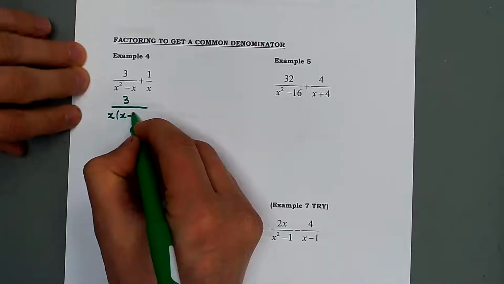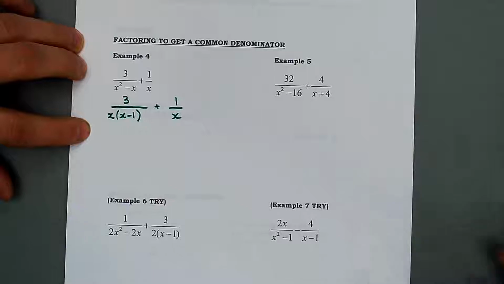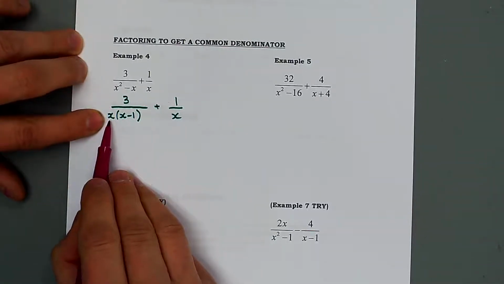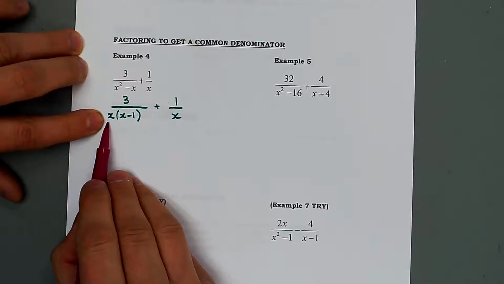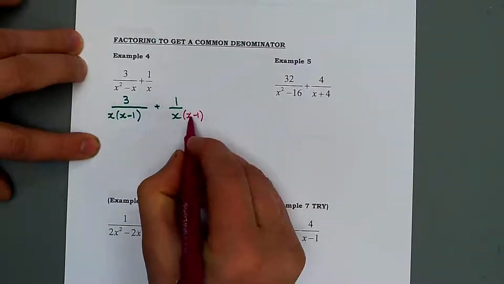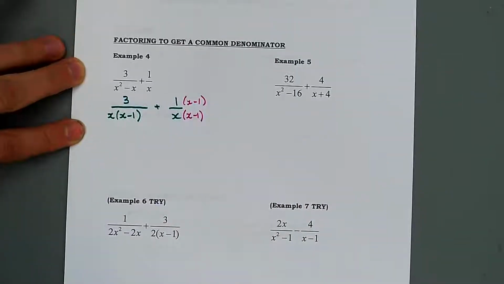I can factor out an x on the bottom left here, and in doing so, I can actually see they share an x. They both share the exact same letter. By introducing an x minus 1 right next to it, I can make them look exactly the same.